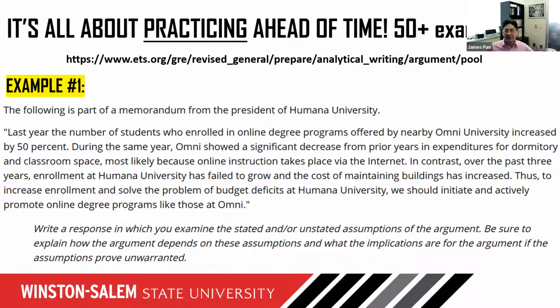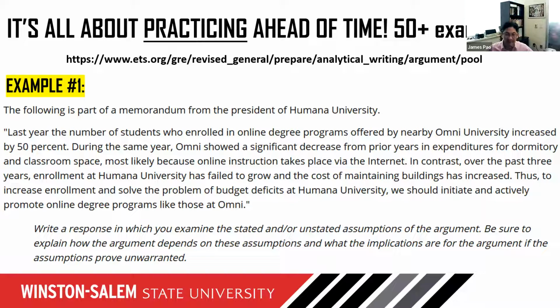Yeah, there's a couple of things going on. The first thing you have to understand is the passage. That's critical. The passage talks about two different universities, Omni and Humana. And this memo is coming from the Humana president. So the Humana president is very concerned that Omni and Humana are going in different directions. Omni is doing great, Humana is doing badly.